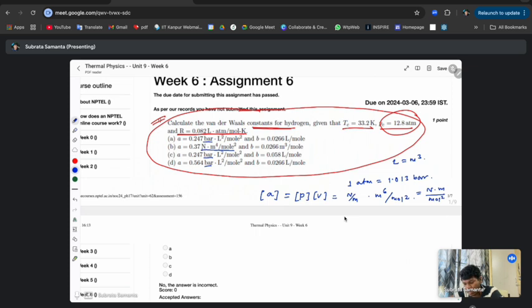So this is Newton per meter square and m to the power 6, so Newton meter to the power 4, because here volume has dimension m to the power 6.